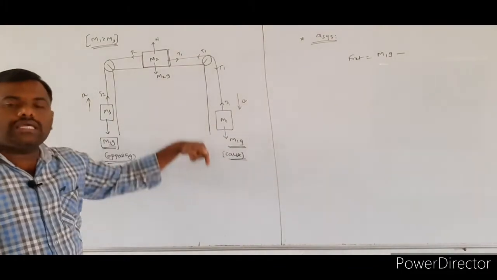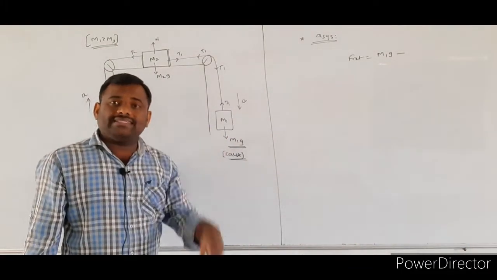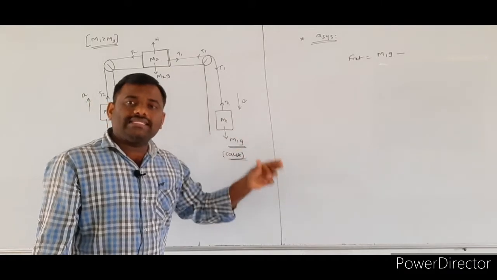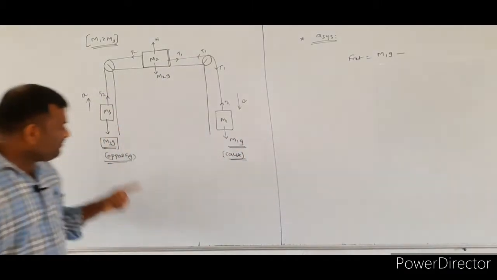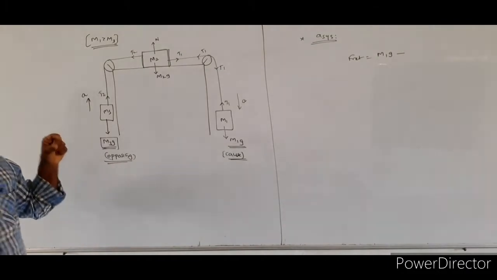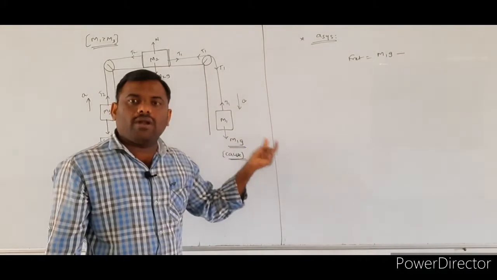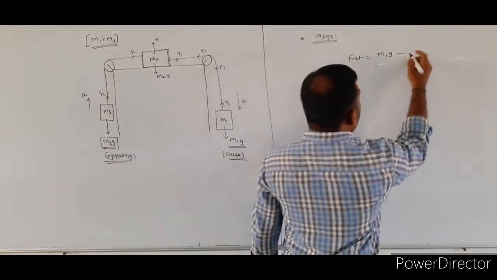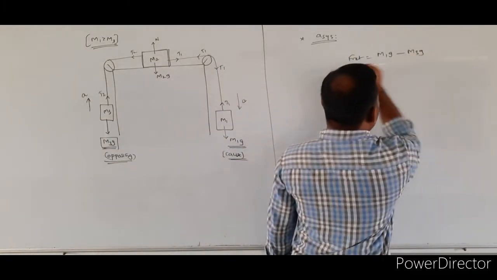The block M1 tries to move the system in the downward direction since its weight is more, but the weight of block 3 will be opposing the motion of block M1. So net force becomes M1G minus M3G.